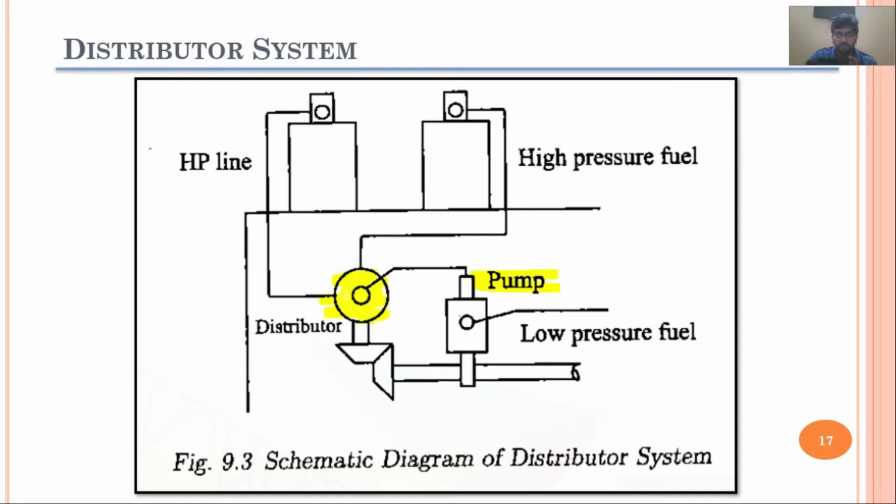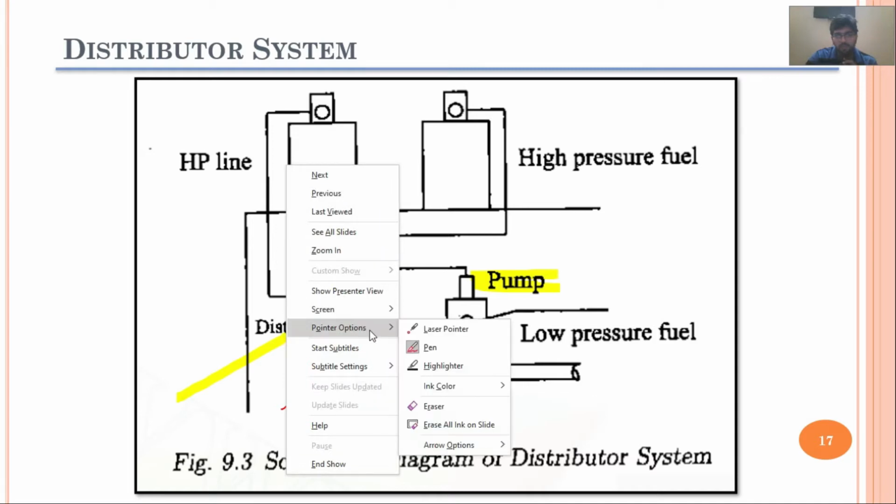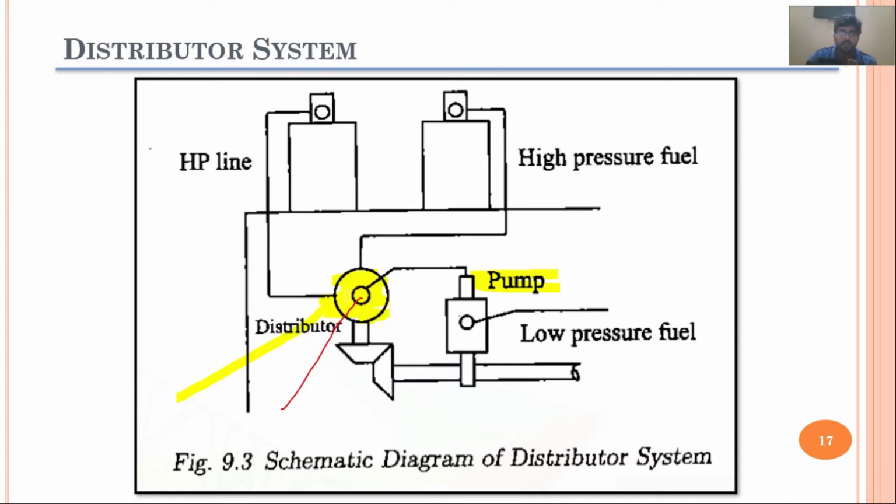In this distributor system, this is the barrel, and this center section is the rotor, and when the outlet passage of this inlet is aligned with this outlet port, fuel will be supplied to this cylinder, and when it is aligned with this outlet port, it will be sent to this cylinder.